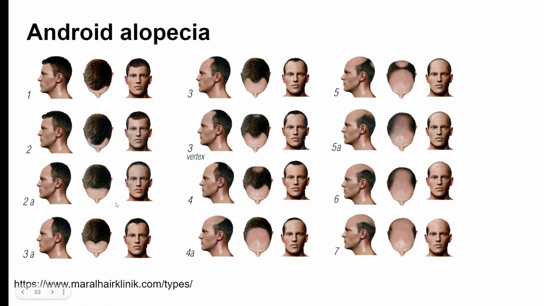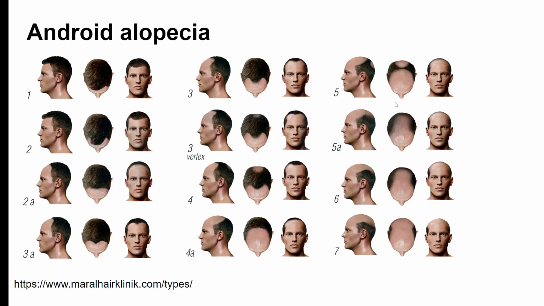Whereas in androgenic alopecia, from the clinical point of view, to differentiate it, the pattern of the alopecia is very characteristic. The usual patterns which are discussed are that initially it starts with the hairline moving up, and then gradually the hairline goes up and up, and then it results in the hair loss.